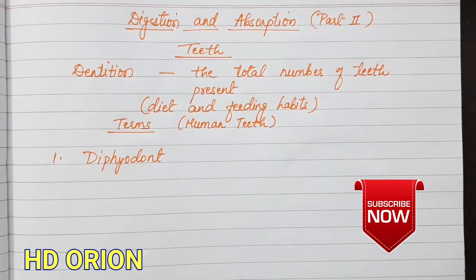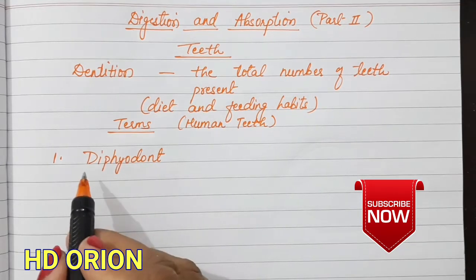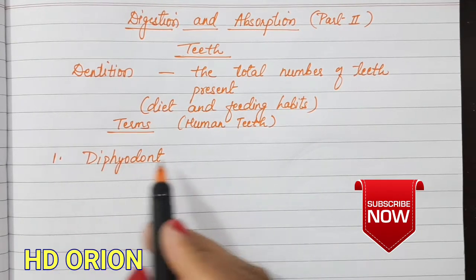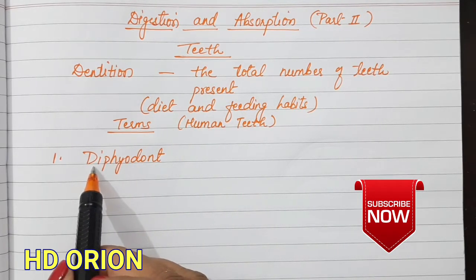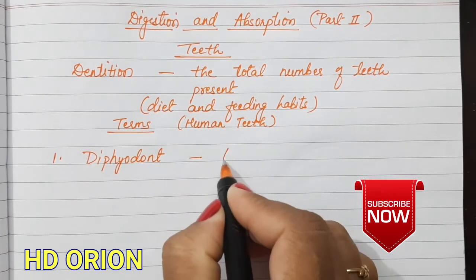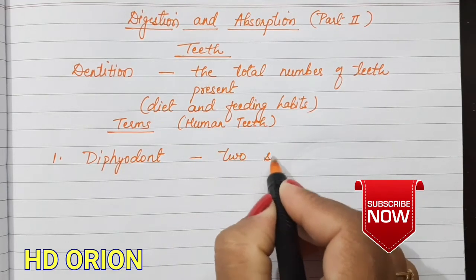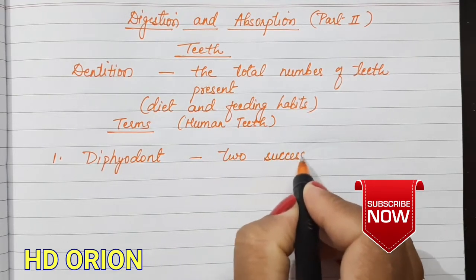If the organism has only one set of teeth throughout the lifetime, it is known as Monophyodont. But since we are talking about the human teeth, it is Diphyodont, which means that we have two successive sets of teeth.